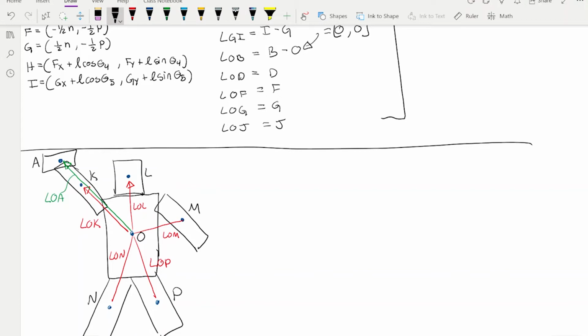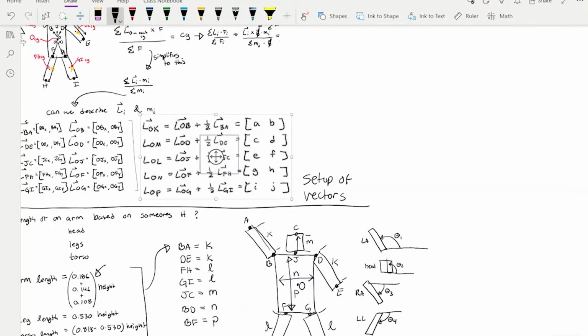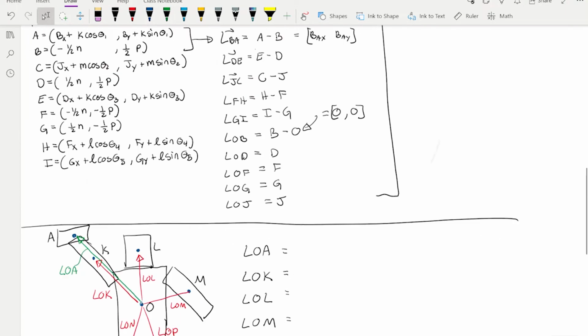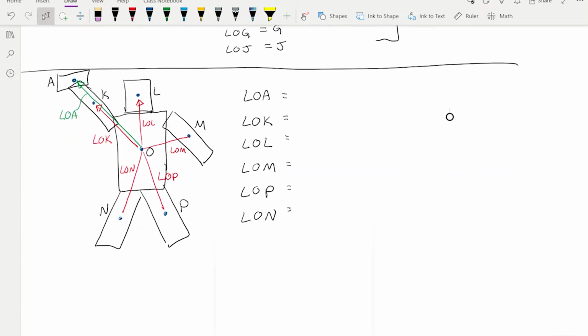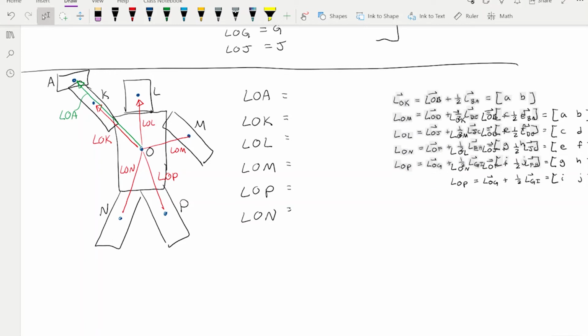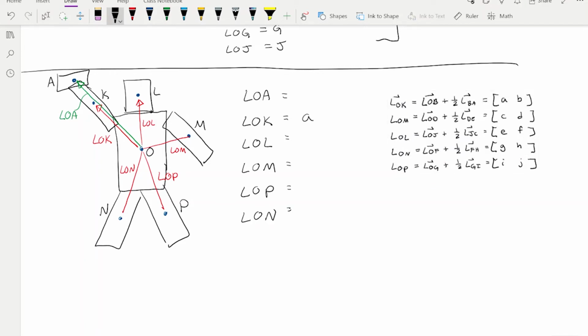And let's just simply write these things down right here. LOA, LOK, LOL. Copy this, make sure we're not losing information here. Okay, we got A, B. M, L, C, D, E, F.